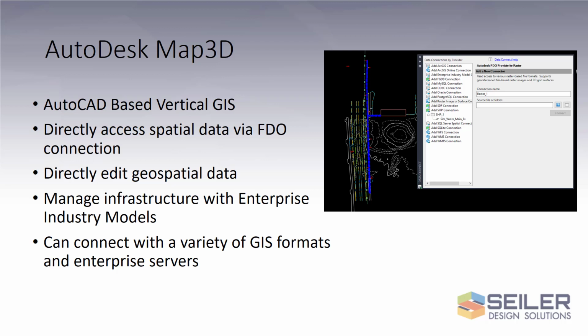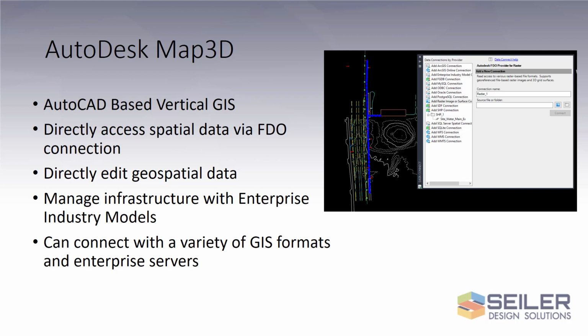The first thing we're going to talk about is Autodesk Map 3D, being able to bring data in. It is an AutoCAD vertical GIS platform, directly able to access spatial data via an FDO connection. And this includes things like File Geodatabase or SQLite, SQL connections or Oracle connections, as well as regular ESRI shapefiles and Autodesk SDF files.